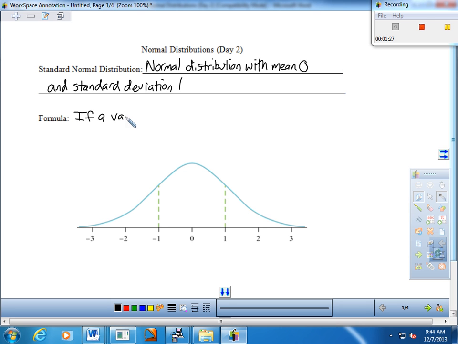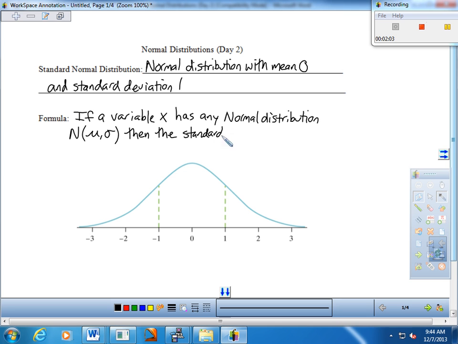If a variable, and we'll just call the variable x for the time being, and primarily this is going to represent an observation in the data distribution, has any normal distribution, and just if you remember the notation for the normal distribution, little capital N right there, there's our mu and there's our sigma.